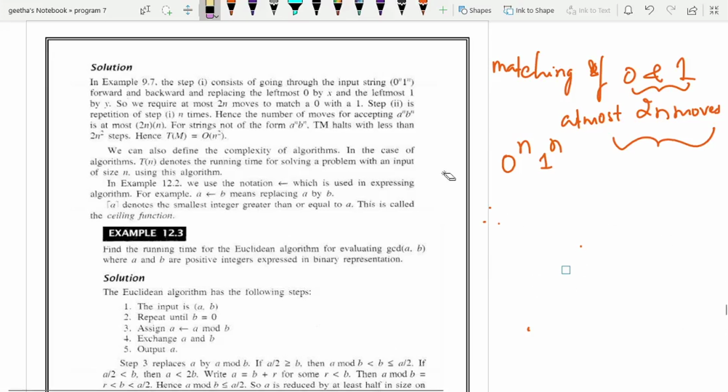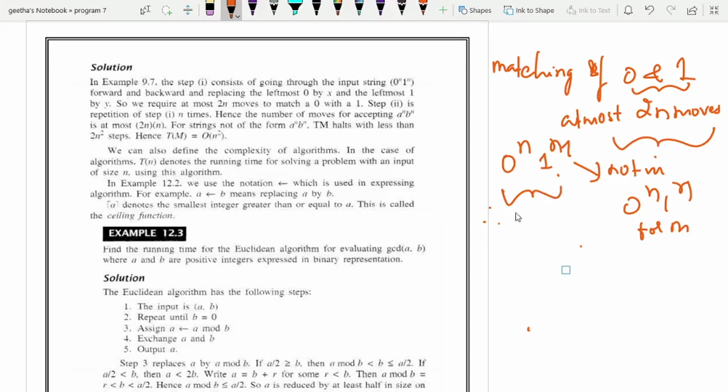If it is not in the 0 to the power n 1 to the power n form, the Turing machine is going to halt with less than 2n square steps.